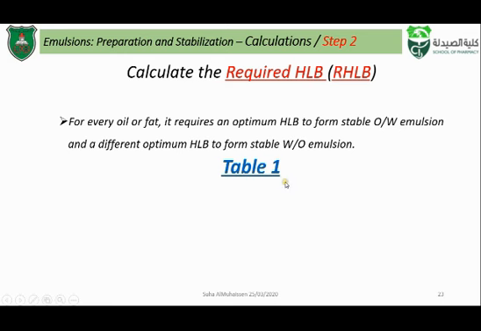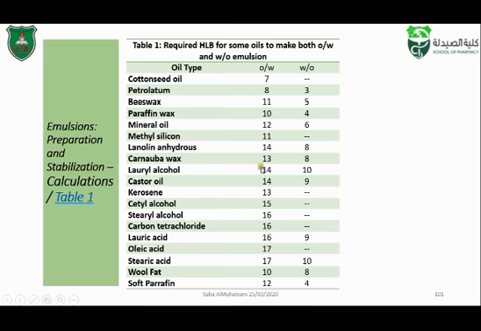This table can show you very commonly used oil phase components or types and the required HLB value for each of these components to form oil in water emulsion, and the required HLB value if available to form water in oil emulsion.